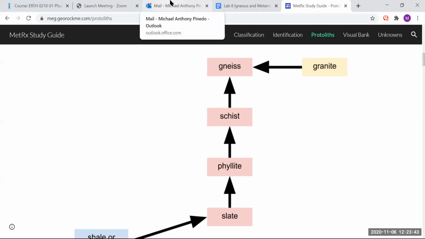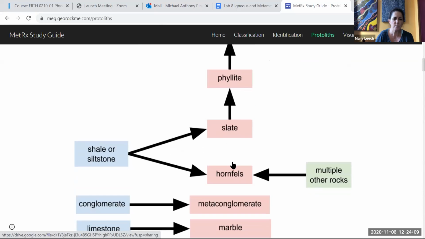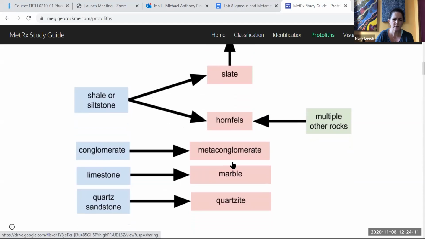So if it was slate, then it would be like phyllite, right? No, those are all metamorphic names. That's a progression of metamorphism that you're looking at right there. That's not the parent. The parent, if you scroll down a little bit, is shale or siltstone.